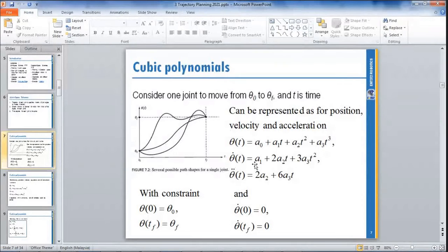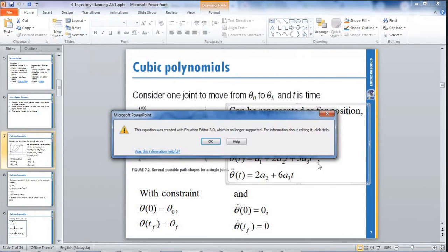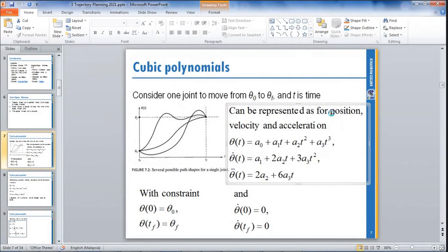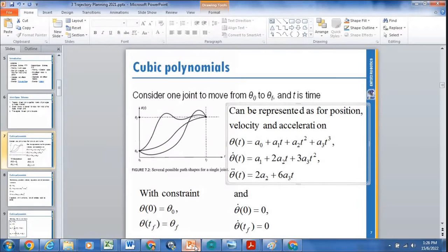If you differentiate twice over time, you will get acceleration. So if you differentiate once with time, you get velocity, and if you differentiate twice, you get acceleration.